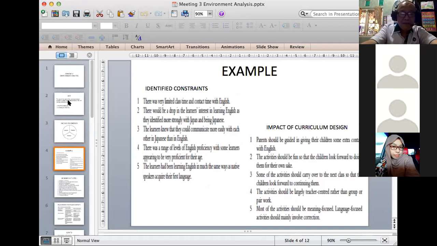But then when you look at the next one, what we discussed last week, it is the capability in English. So maybe one learner is very widely different from the others because they have different English proficiency before they come to junior secondary school.